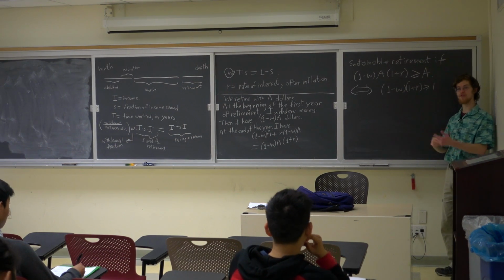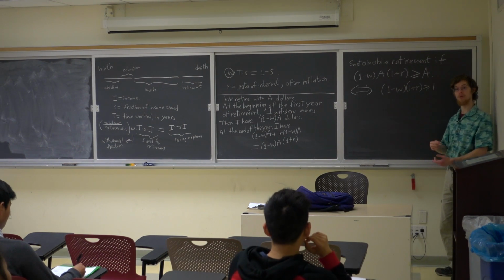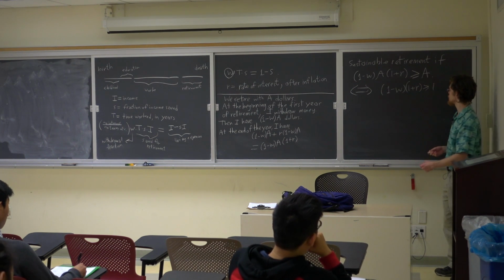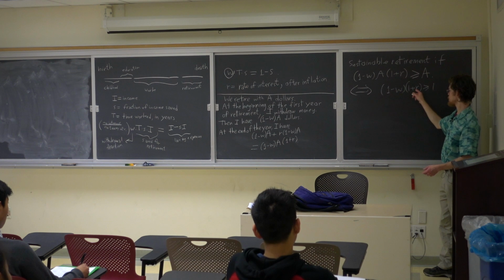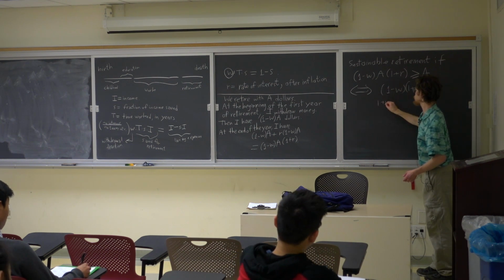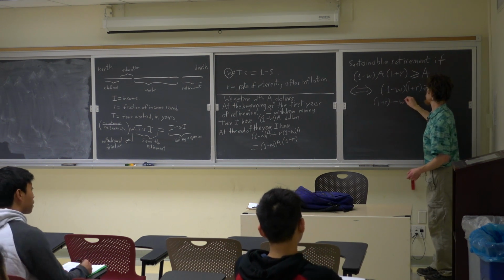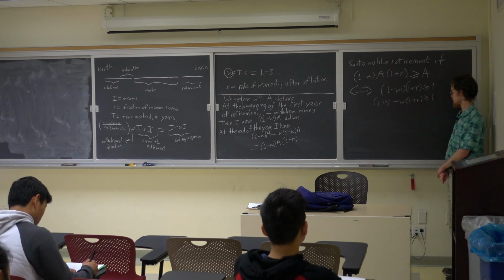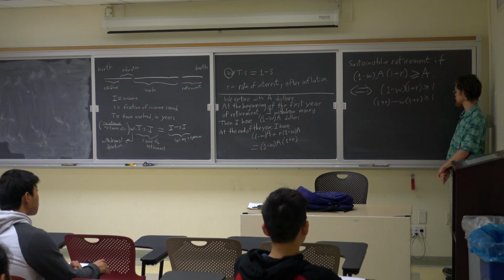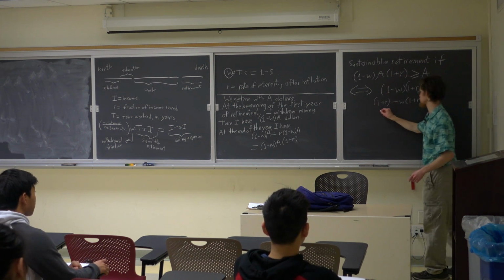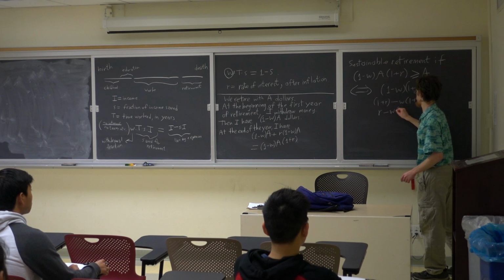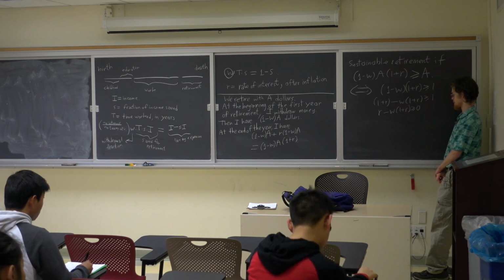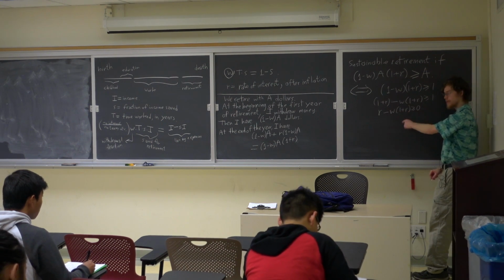We want to solve for W to find out what is a safe amount to withdraw each year from our retirement savings. So we can distribute this term over here. So we have 1 plus R minus W times (1 plus R). We're trying to solve for W. So I'm going to subtract 1 from both sides. Now I'm going to add this to both sides.